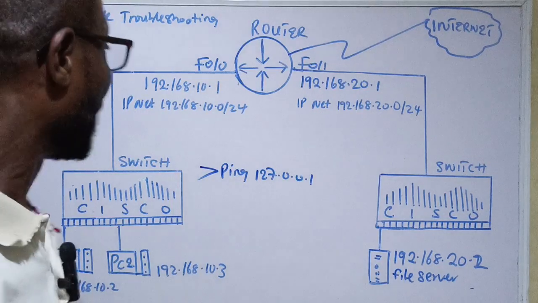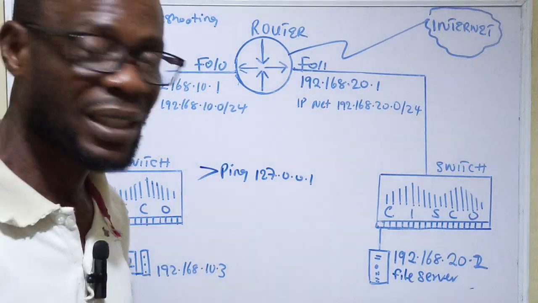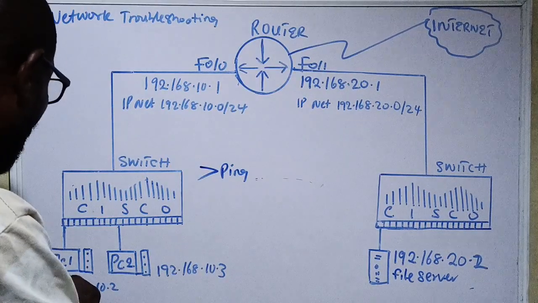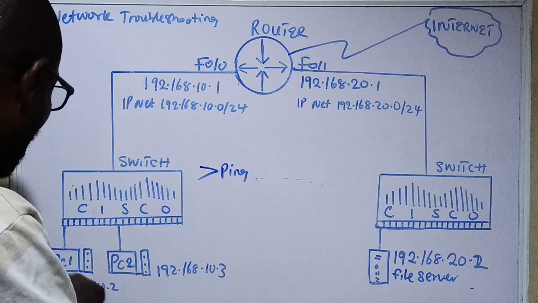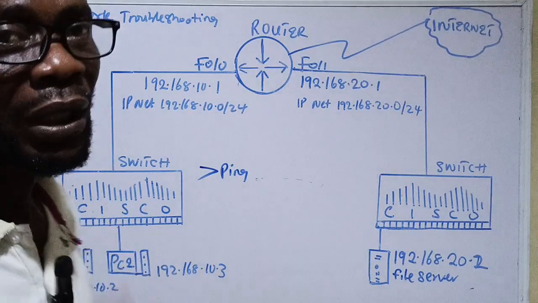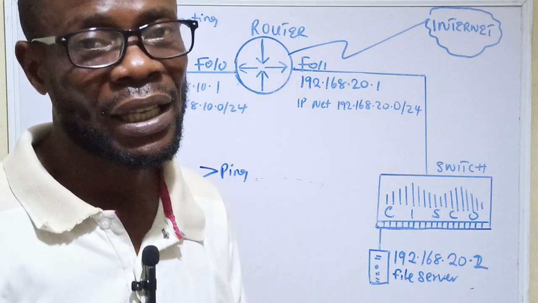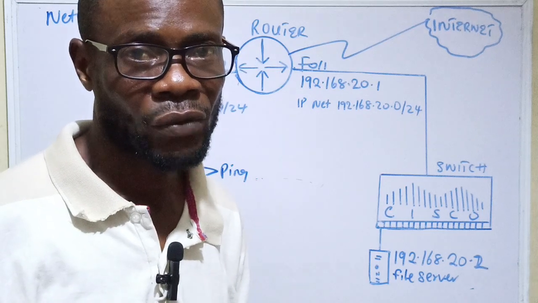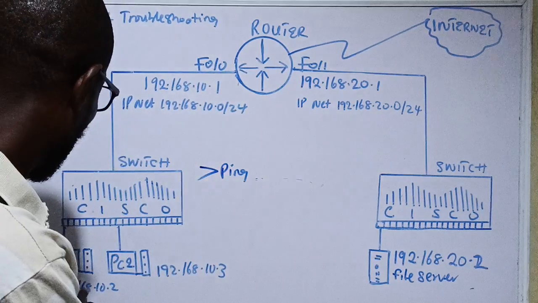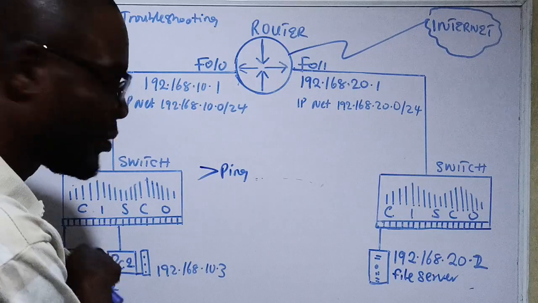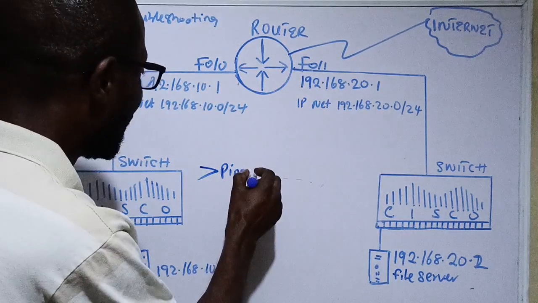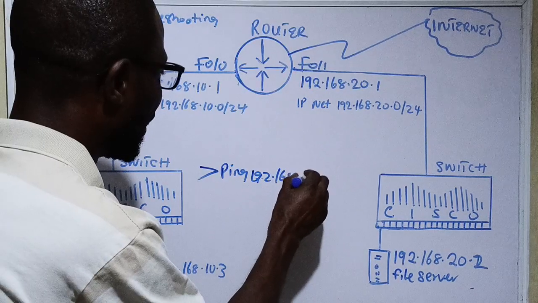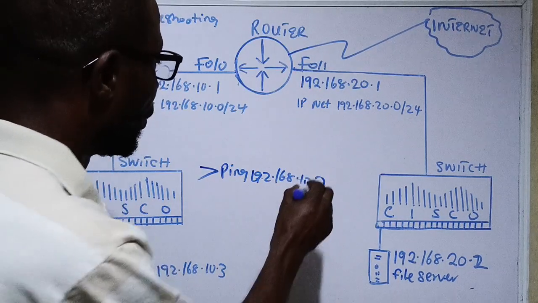The second step is to ping this computer's own IP address, the local IP. Do you know what you're trying to do? You're trying to check if the network interface card is functioning. So you ping itself, 192.168.10.2.